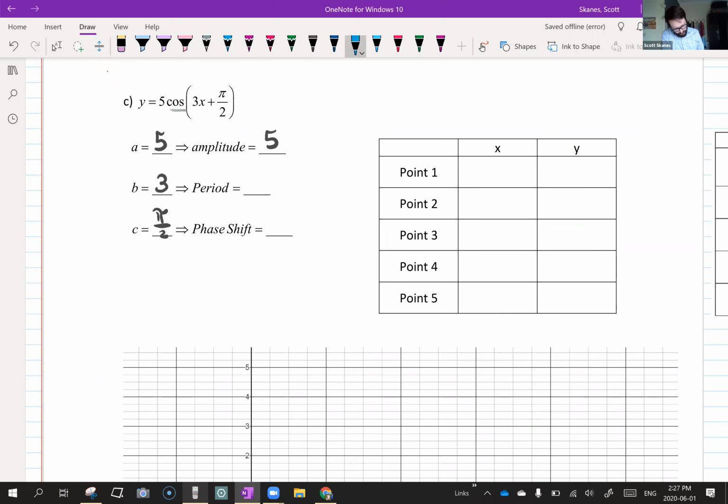Period. Let's work on period. Period is 2 pi over b. And b is 3. It's 2 pi over 3. Let's get period divided by 4.